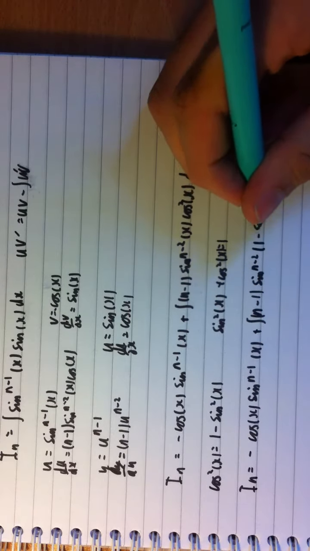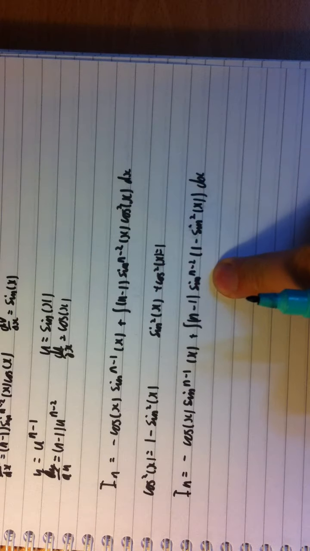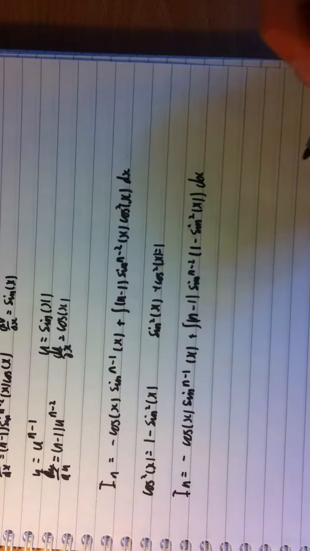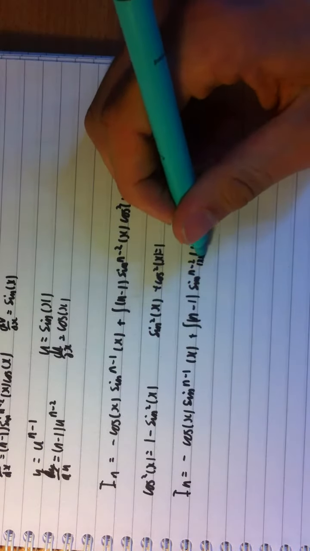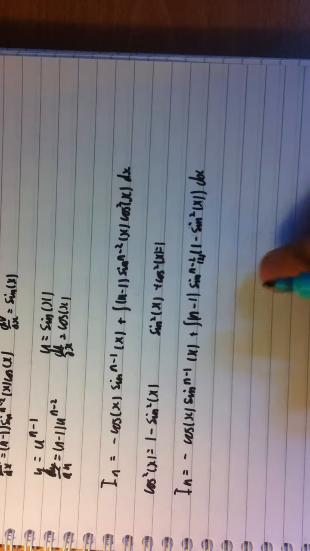Now, n minus 1 is a constant, because it's integrated with respect to x, so I can take n minus 1 outside and it will make no difference to this integration. Then if I multiply out these brackets, 1 multiplied by sin^(n-2) x is still sin^(n-2) x, and sin squared multiplied by sin^(n-2) becomes negative sin^n.